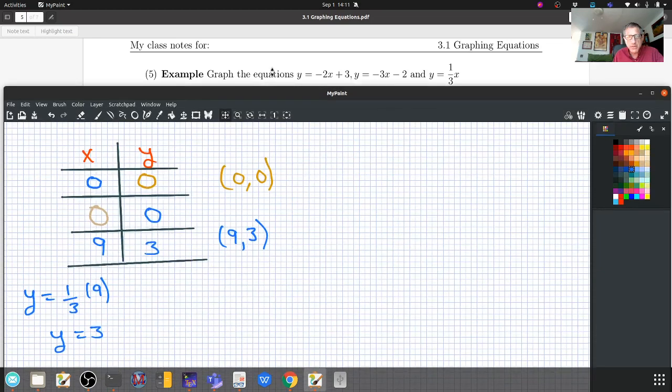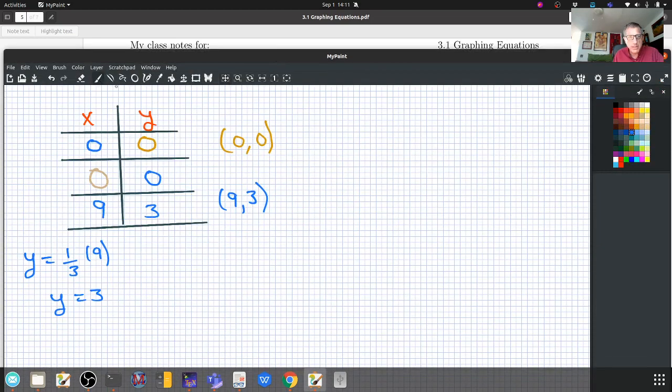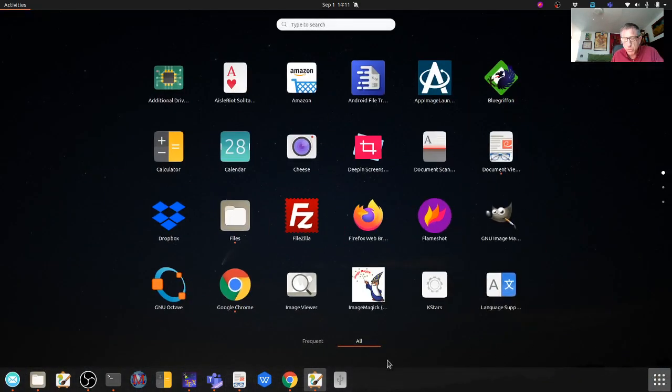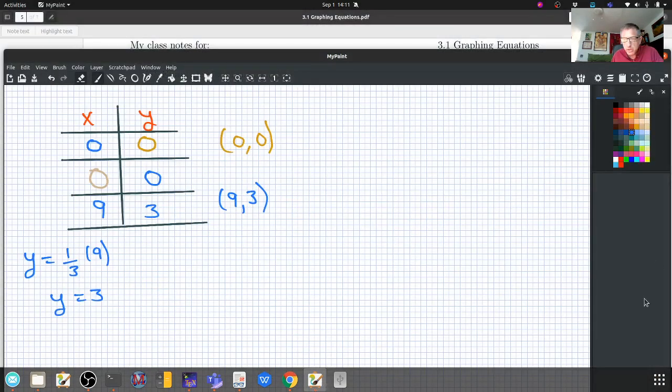Again, I'm going to try to draw a Cartesian plane. I'm going to make the line as thin as I can. I may have made it too thin.